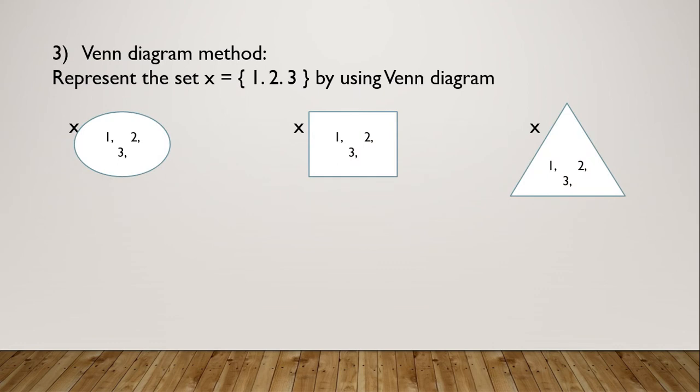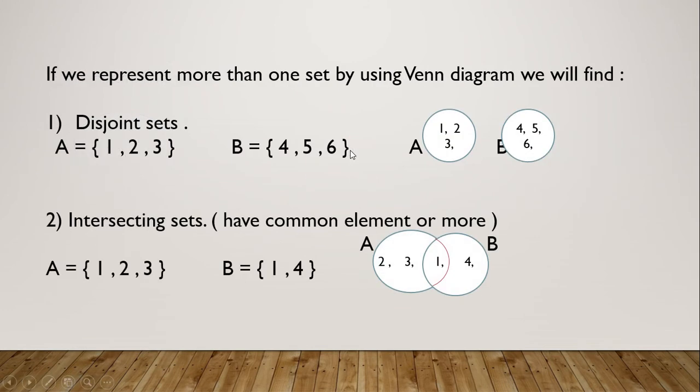Venn diagram method, I draw any geometrical shape: oval, rectangle, triangle. Write the name of the set and write the elements inside the shape. This is the Venn diagram method. If we represent more than one set by using a Venn diagram, we will find more than one shape.